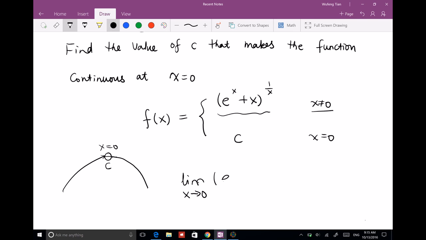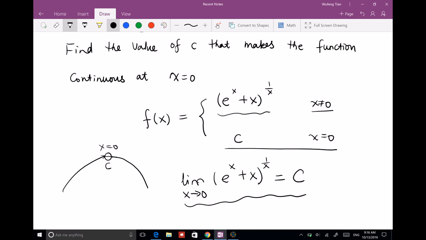Although the function is not defined at 0, it's defined everywhere besides 0. It's defined at 0.000000, a lot of 0s, 1, so it's defined at that point. When it approaches 0, the whole value will have to approach the point 0, c. So this will make the function continuous.